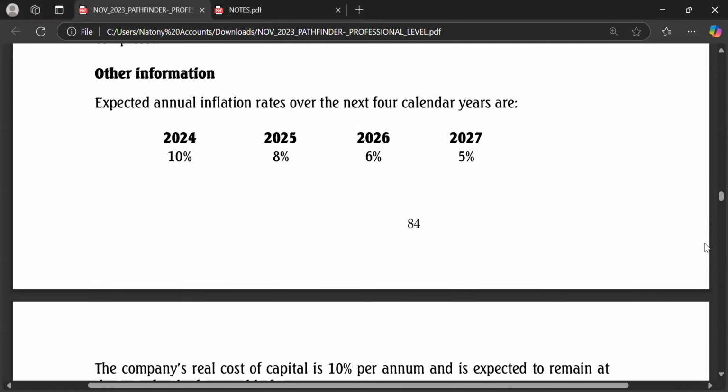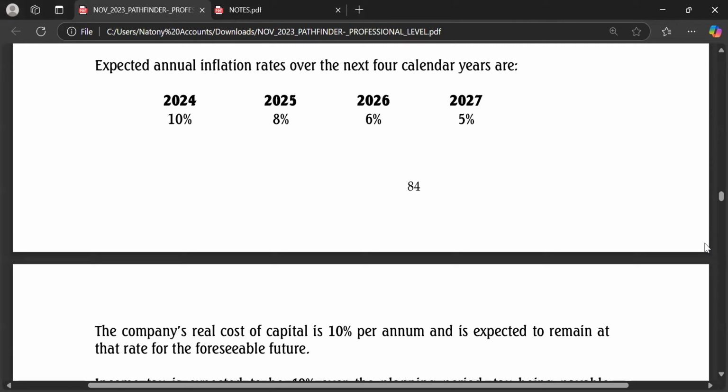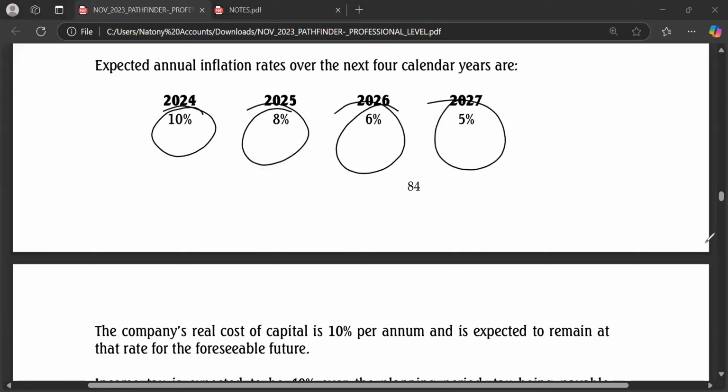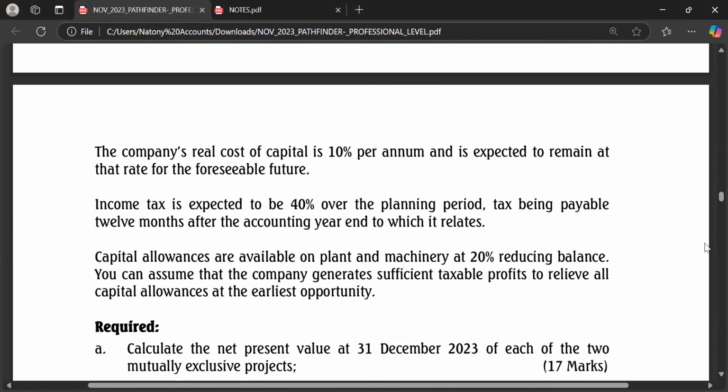So finally here, we have the inflation rate. If you look at this question, we have different inflation rates for each of the years. Okay. The company's real cost of capital is 10%.